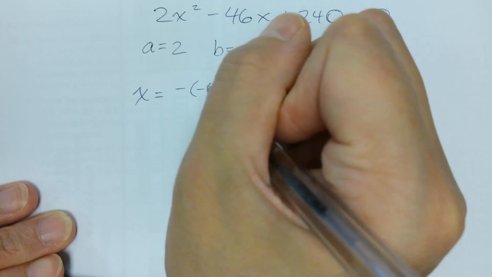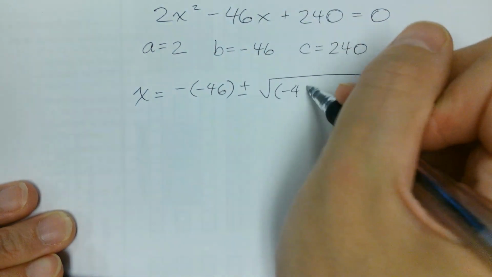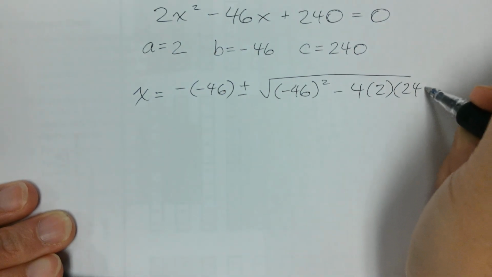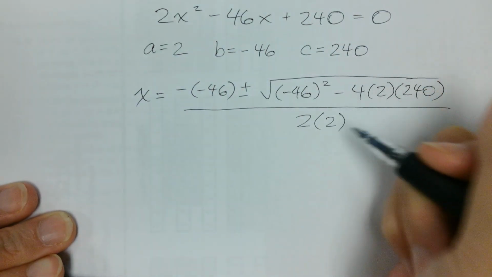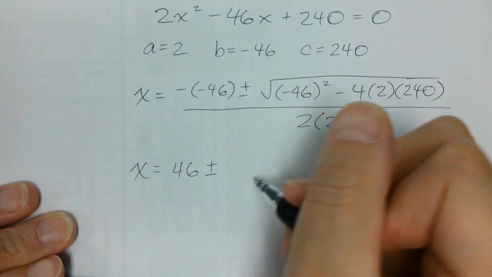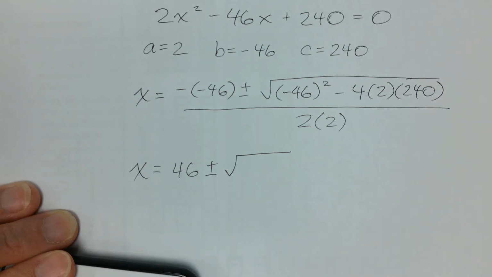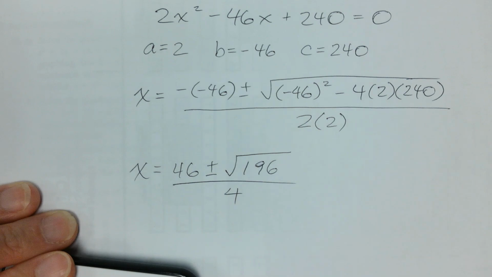So negative b plus or minus root b squared minus 4ac, all over 2a. So 46 plus or minus square root of 46 times 46 minus 4 times 2 times 240, 196, all over 4.